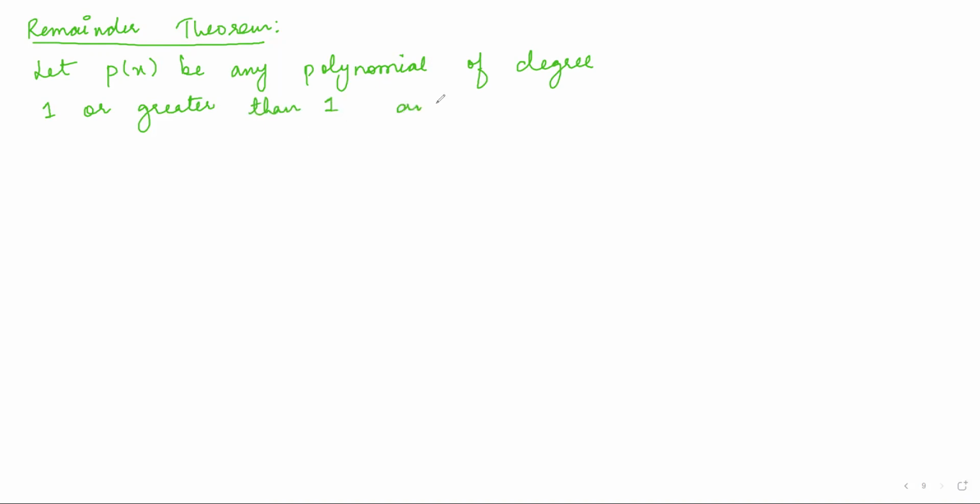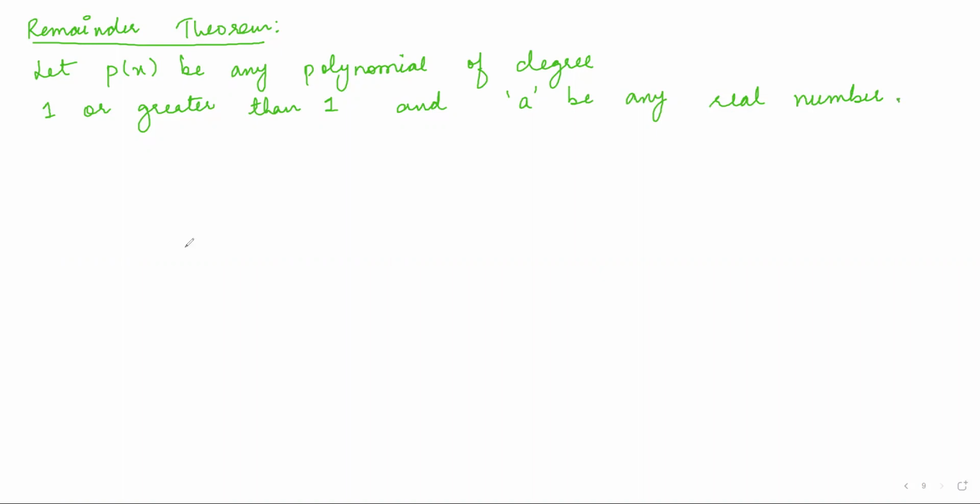And let's say a be any real number. Real number means it can be fraction, it can be decimal, it can be irrational, any real number, right? So these are the two things we have supposed.